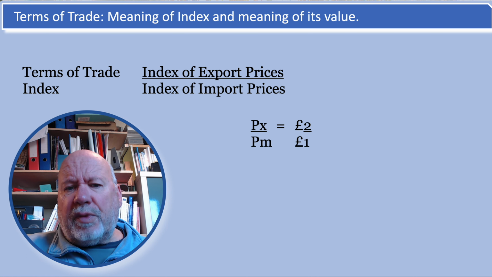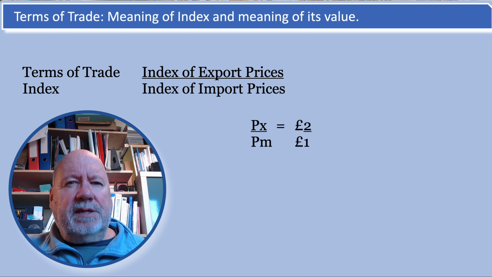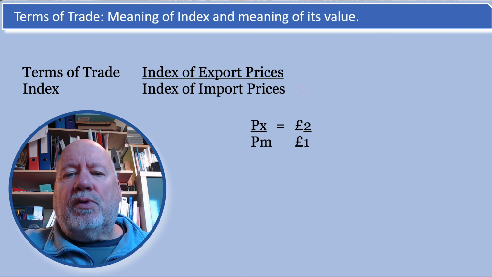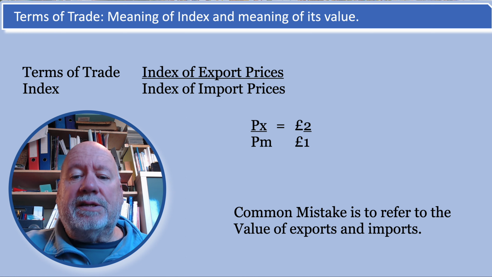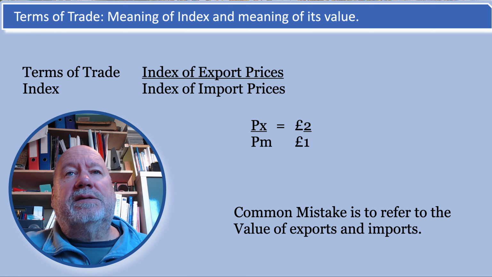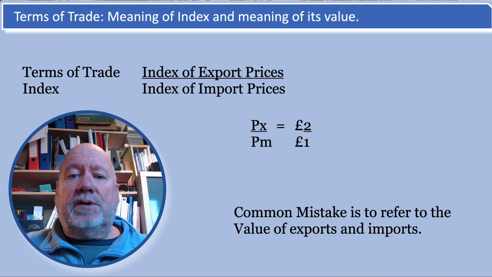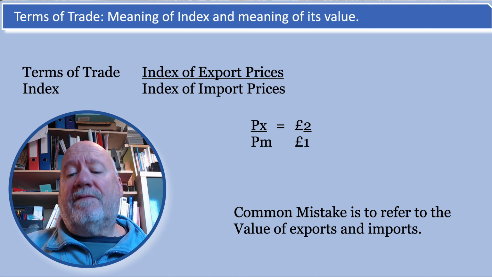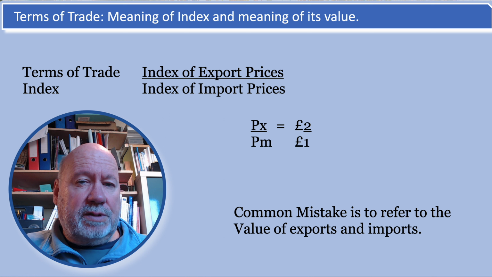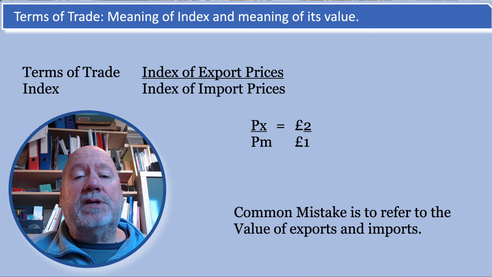So it's important that you can read it in that way, and it is important that you spot that it's prices, because a common mistake is that it is value, and that is not so. So don't get confused here at this point and talk about the value of exports or imports, okay? It's prices that you've got to use.